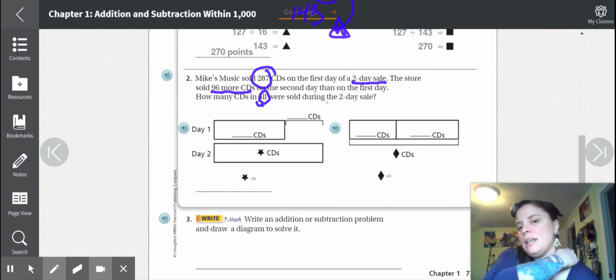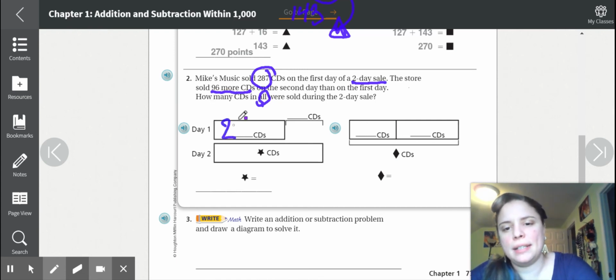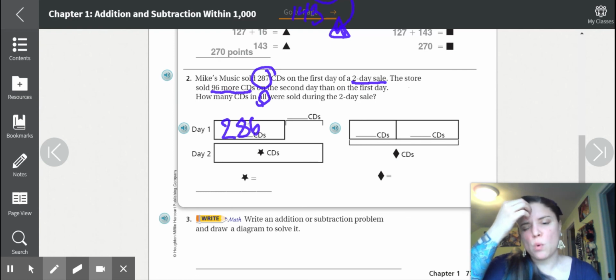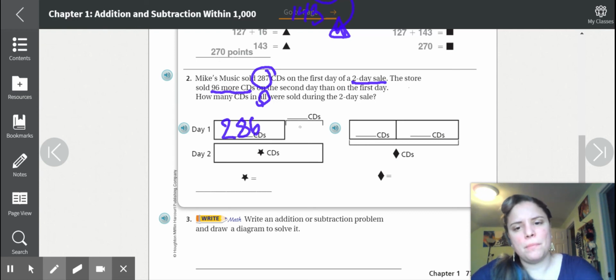So how many CDs did they sell the first day? 287. And it says he sold some more. How many more did he sell for the second day? Yep, 96.